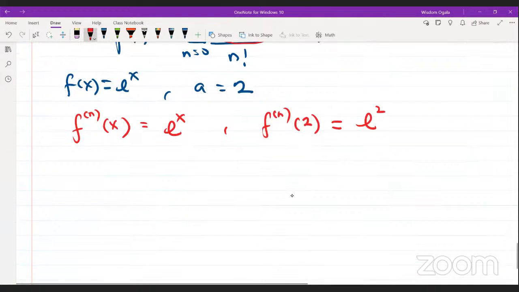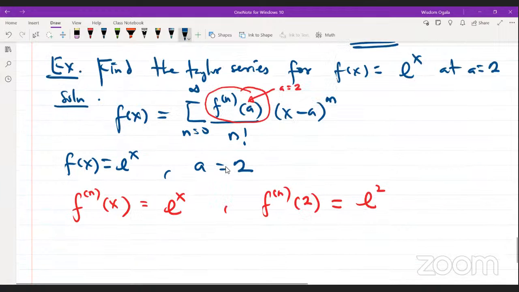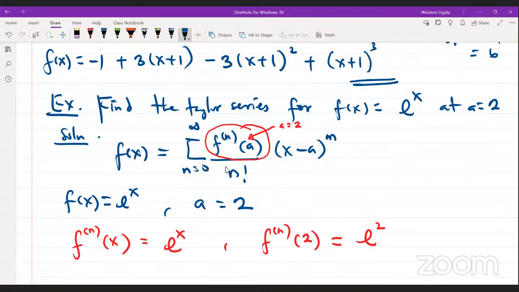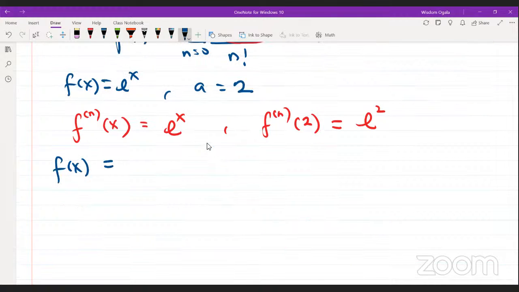So now what is going to be my Taylor series expansion? Let me go a little bit up. My Taylor series, I know this guy already. I know my a. I know my n. Okay. My n goes from 0 on and on. My f of x is going to be the sigma notation, n from 0 to infinity.